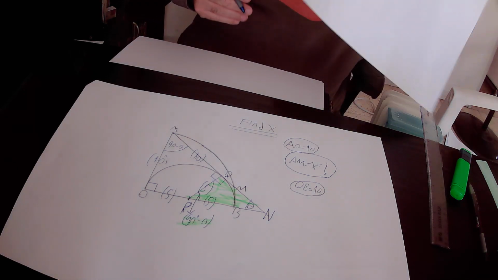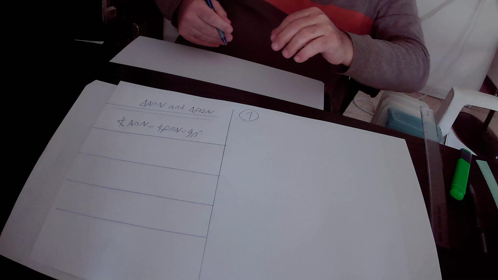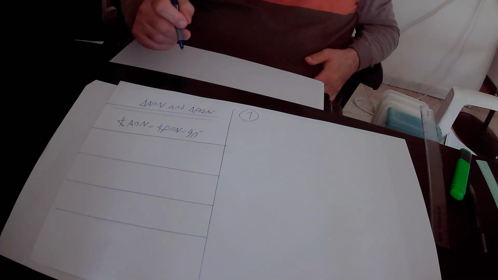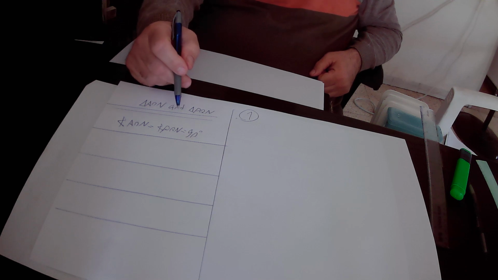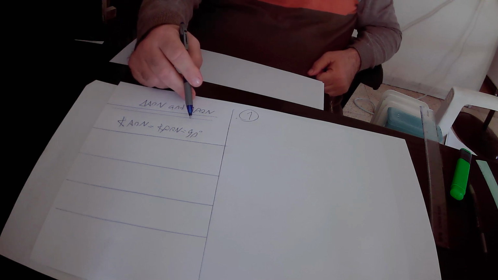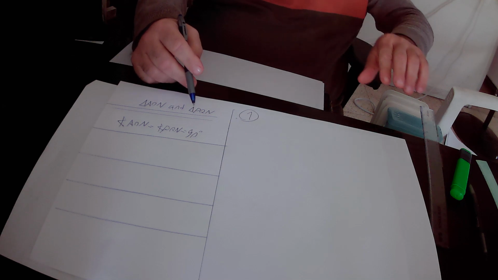Repeat again: angle AON in the big right triangle equals angle PQN in the green triangle. They are both equal to 90 degrees, therefore they are equal to each other.